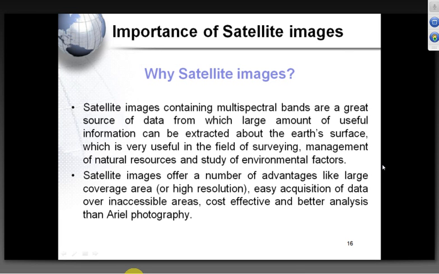First is the large coverage area, and second is the repetitive period of the satellites, so that the same images of the same path, or you can say a particular thing, can be taken at different times. So that is why satellite images are beneficial.